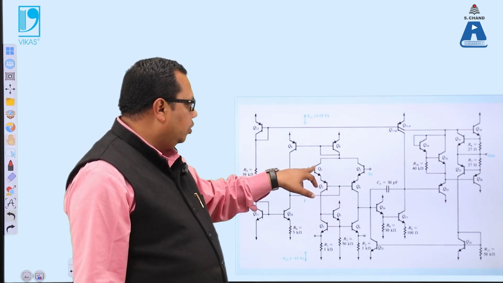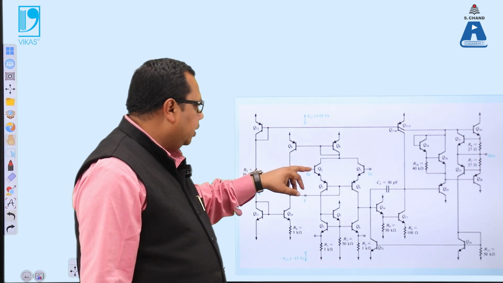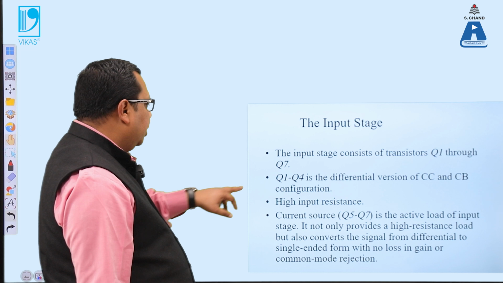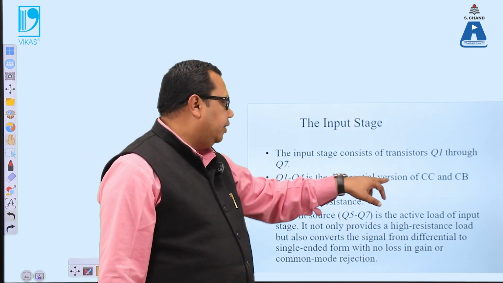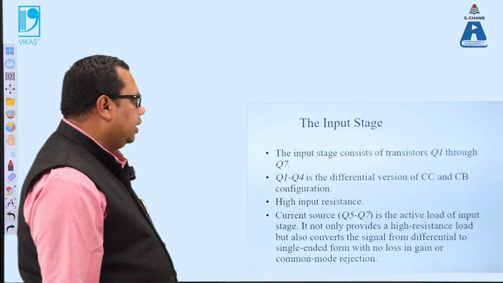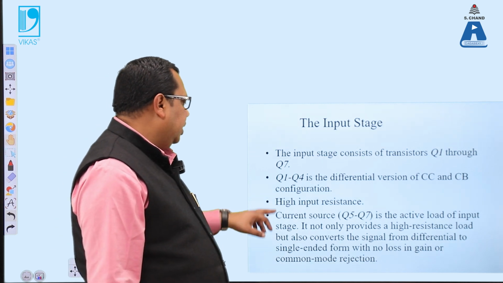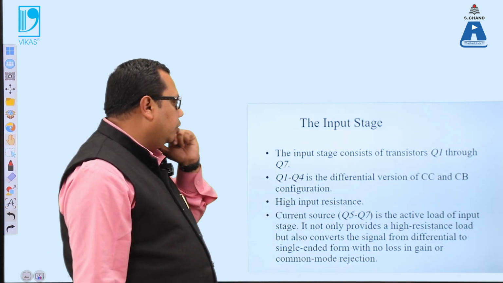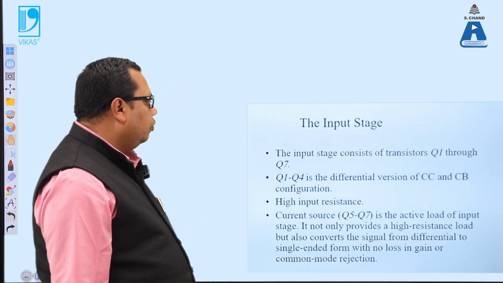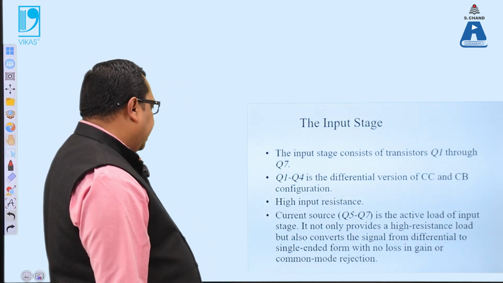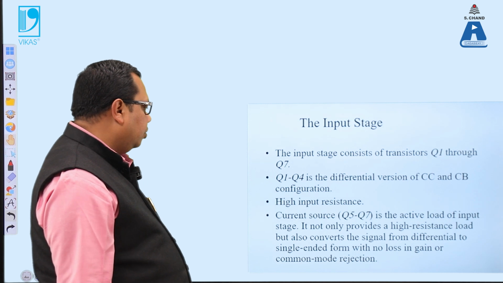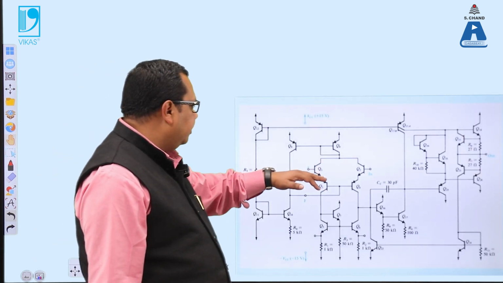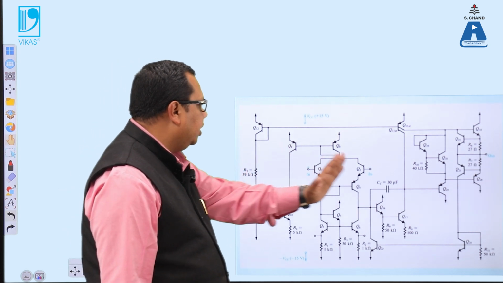Then Q1 to Q4 is a differential version of the common collector and common base configuration, with high input resistance. So we need to understand that Q1 to Q7 is the input, Q1 to Q4 is a differential version, and Q5 to Q7 is a current source. So the input version, then the differential version, and then the current source.